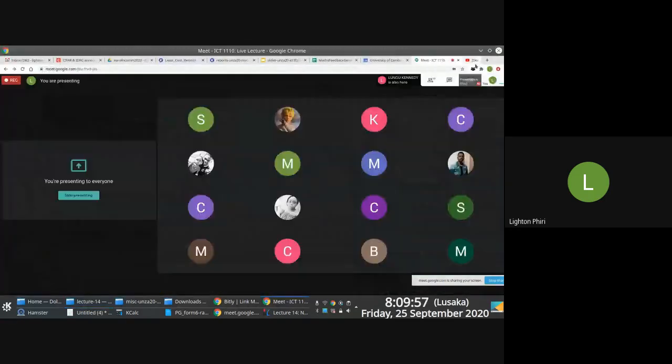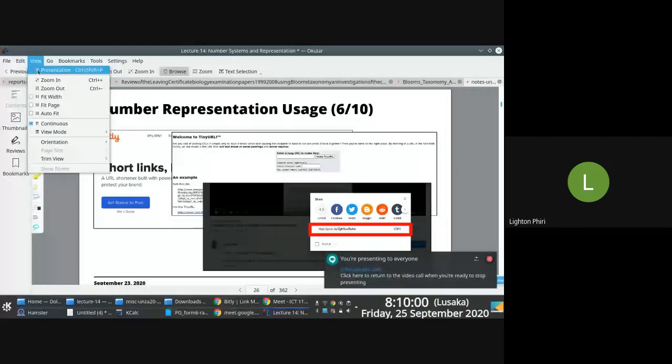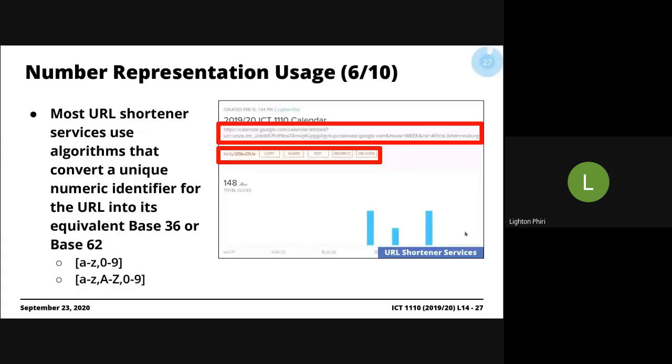And so these are all different applications of number systems. And like I was saying here, for Bitly, for instance, the way that it probably works is because each one of these URLs, you can get this URL and shorten it, and what you get back, the shortened version of the URL, will be completely different from mine.